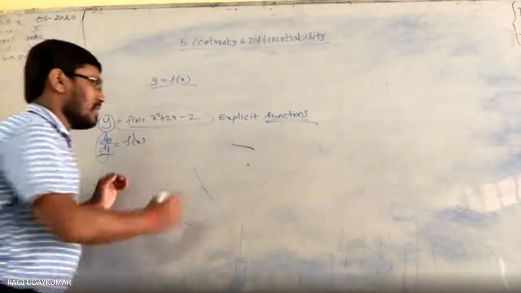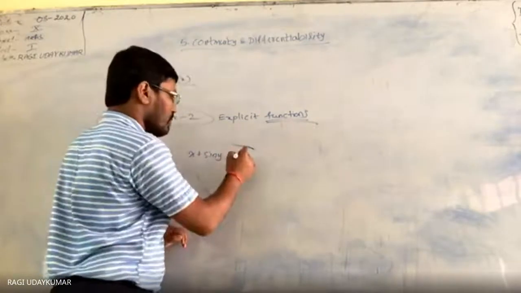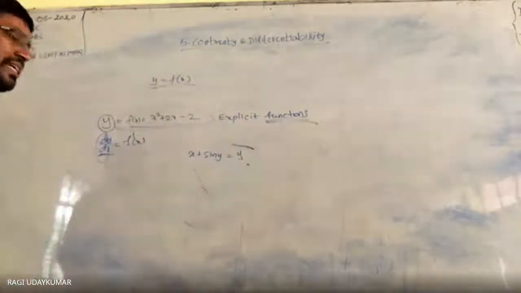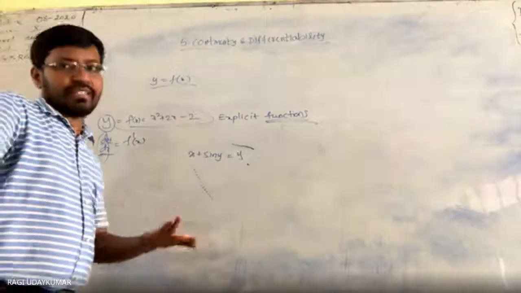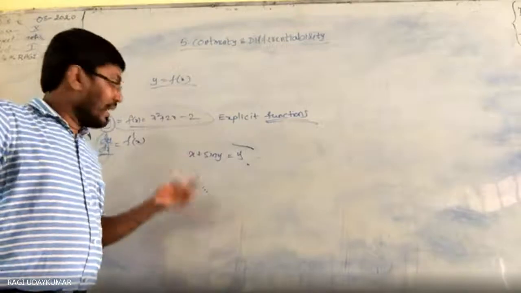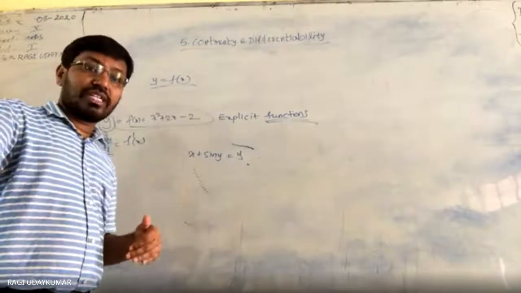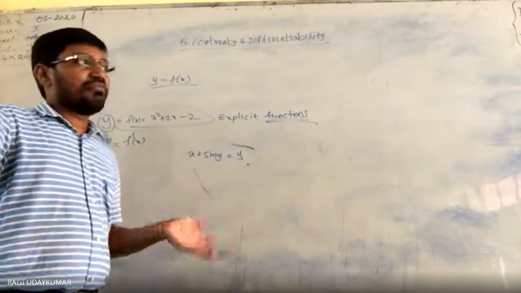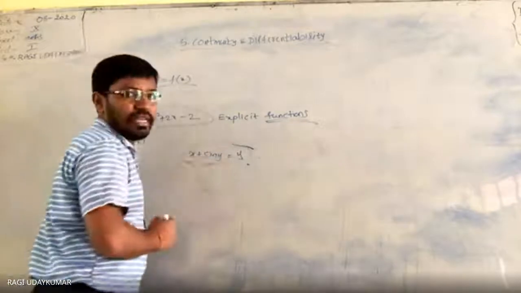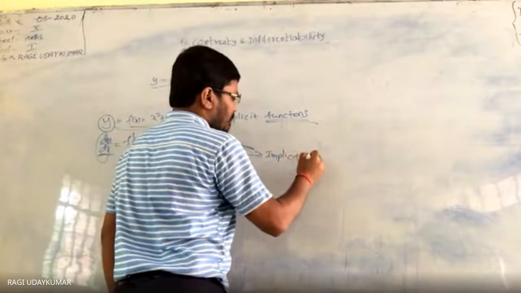Suppose you take x plus sine y is equal to some expression. Here y cannot be written in terms of x, but x can be written in terms of y. So these types of functions are called implicit functions.